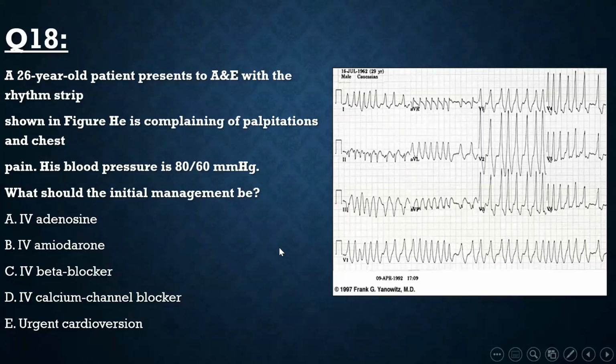Procainamide. Excellent. What other medication can you use? Disopyramide? No, it is procainamide, yes. What else? Ibutilide. Yes, excellent.